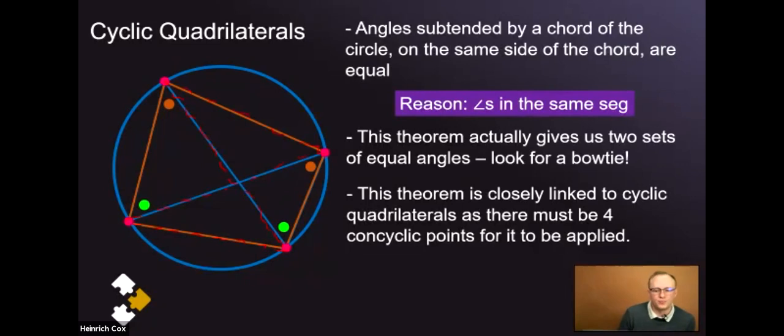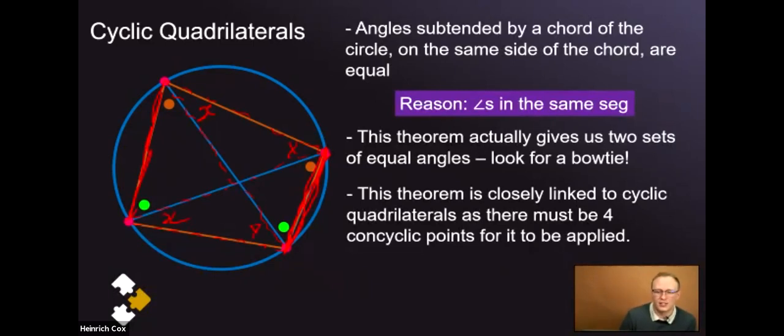Anyway, then you will find that this chord here subtends this angle as well as this angle. So those 2 angles would have to be equal. And then same thing here, this chord here is going to subtend this angle and this angle as well, right?